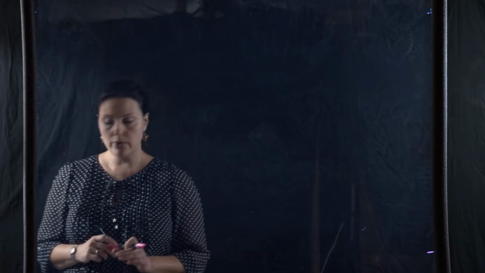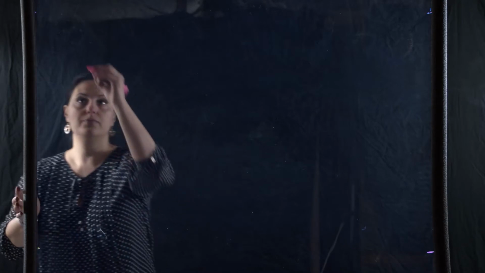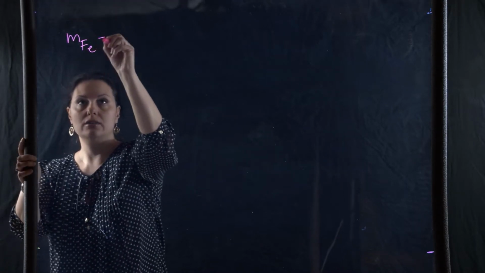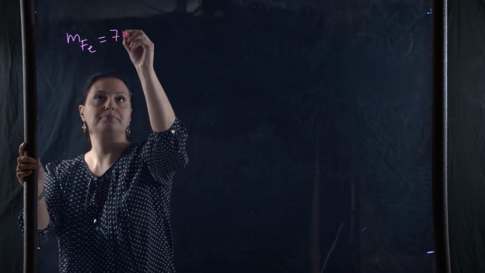Okay, so what do I know? I am given the mass of the iron block, so I write those out. Mass of iron is 75 grams.